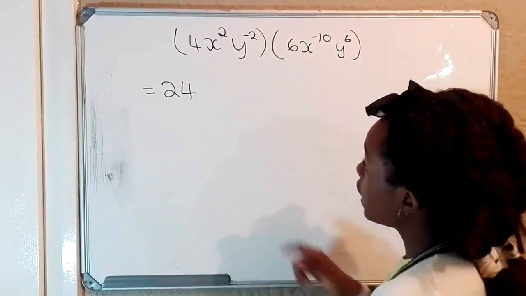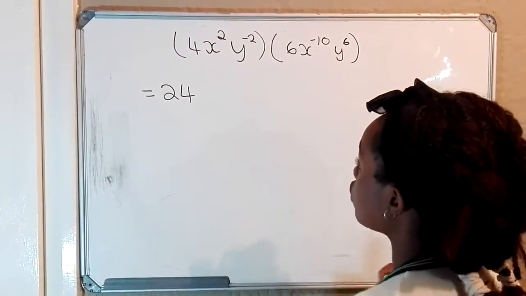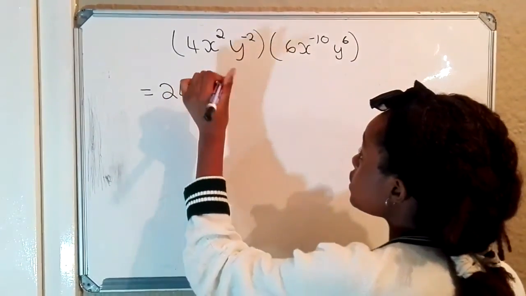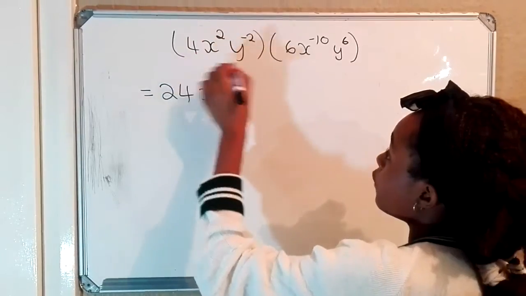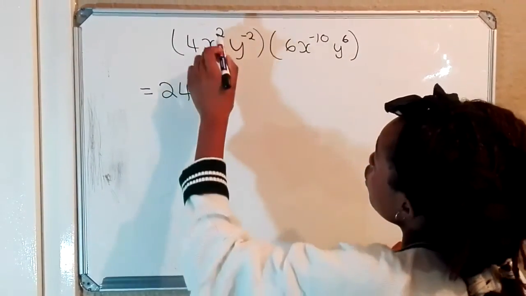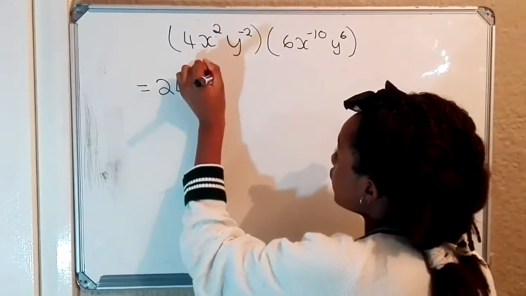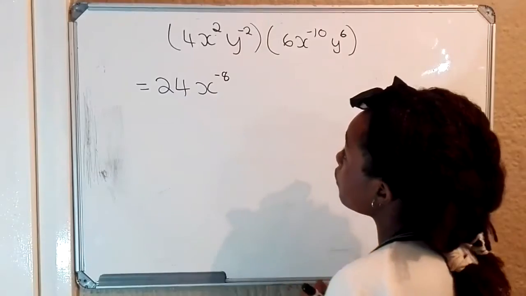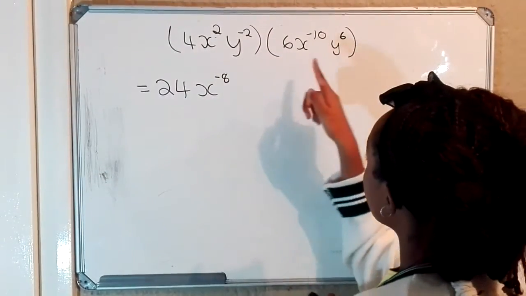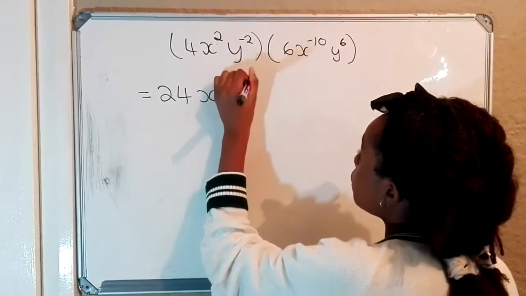Okay, and we have x squared and x to the power of minus 10. When we have common variables, we add the exponents when we're doing multiplication. So 2 plus minus 10 will give you an answer of negative 8. Okay, and y, negative 2 plus 6 will give you an answer of plus 4.